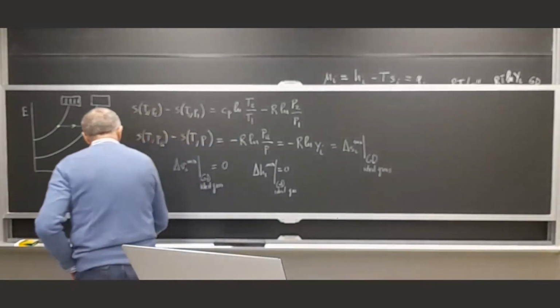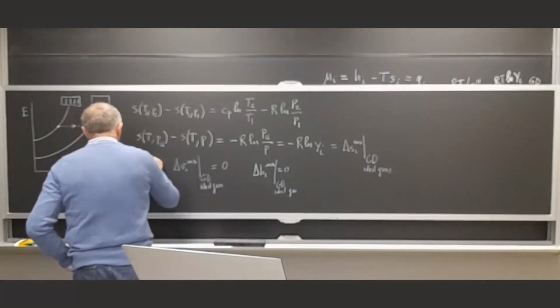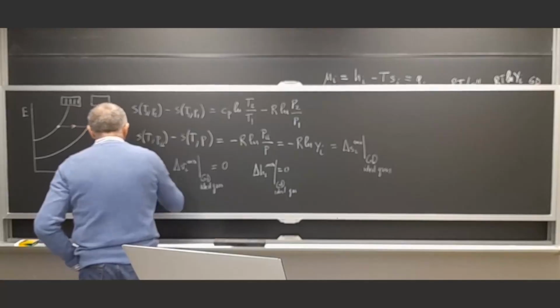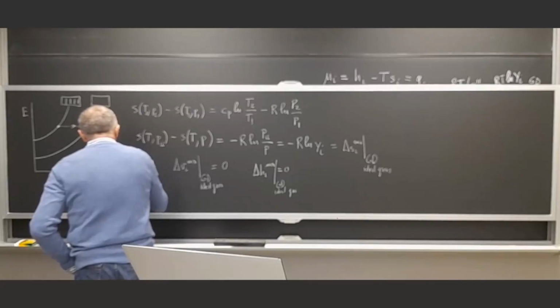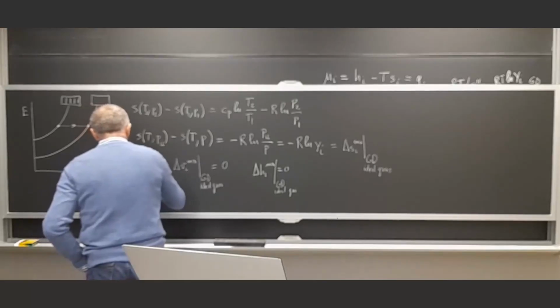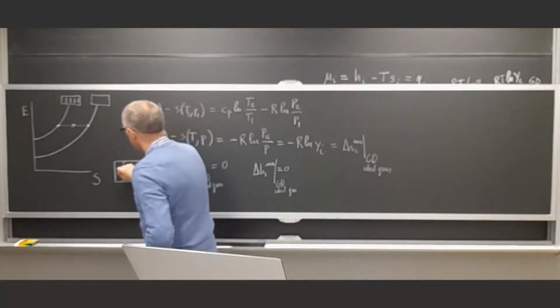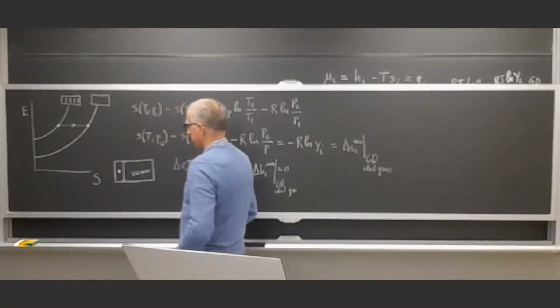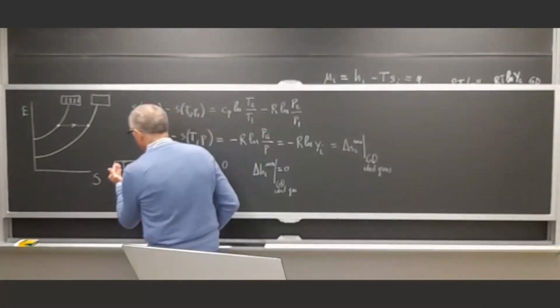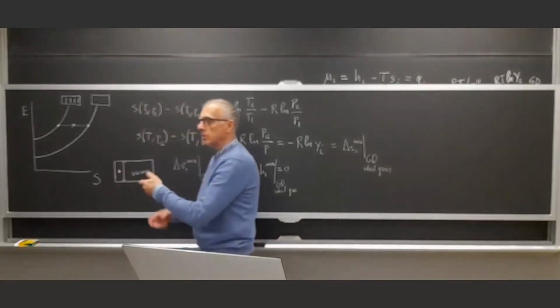It's like if you take the single particle view, say particle 1, and here I have vacuum. I remove the partition, and the particle now fills the entire volume.